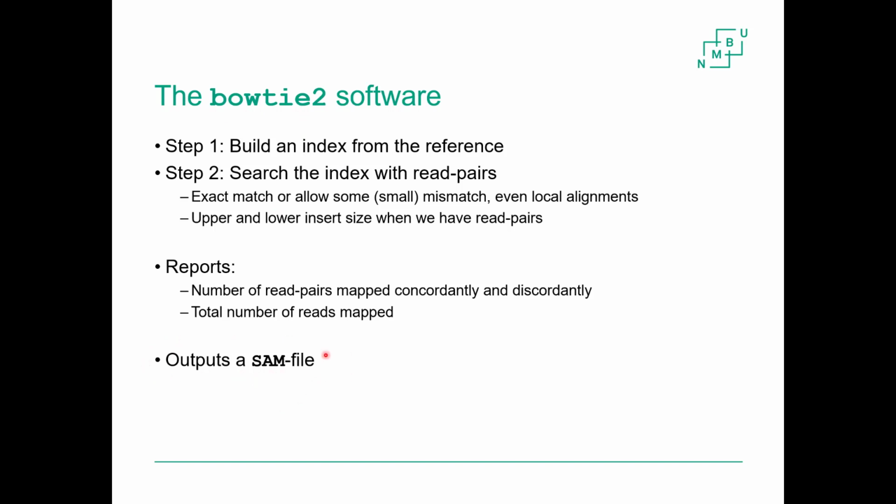There are other software using the Burrows-Wheeler transform doing read mapping. There's one called BWA, which is very popular, that you will likely come across. And we will also see some other software later in this course that also uses the Burrows-Wheeler transform, in a slightly different way. So this idea of Burrows-Wheeler is used quite a lot in bioinformatics.